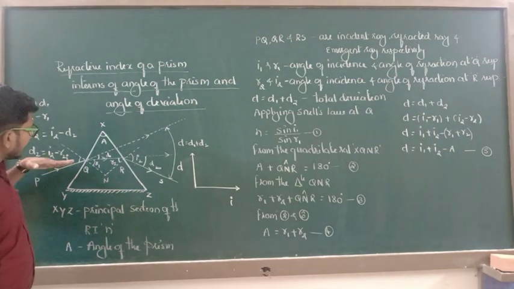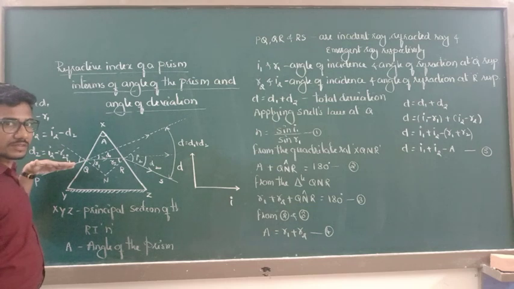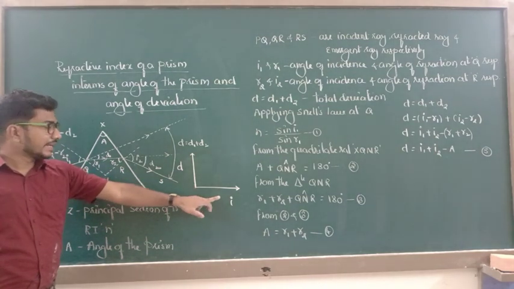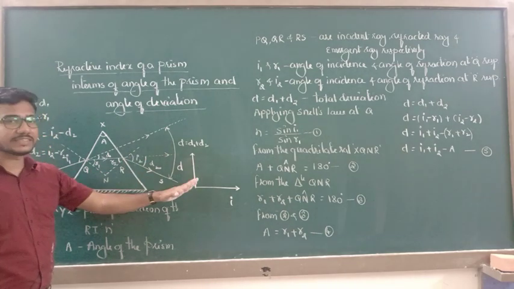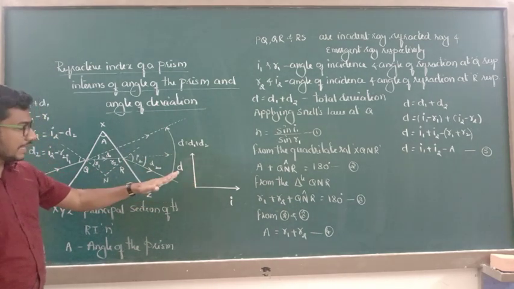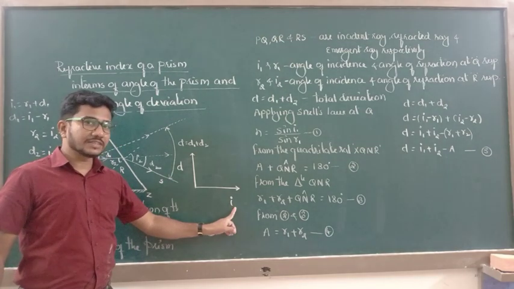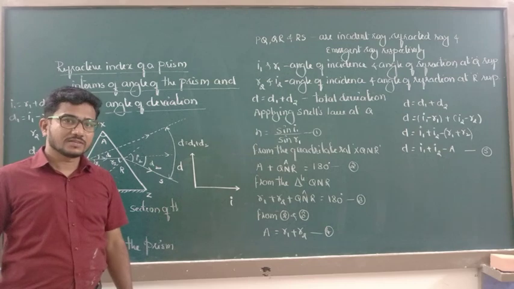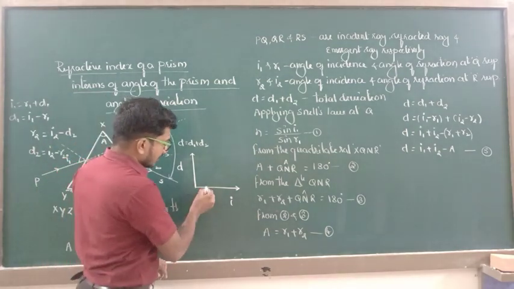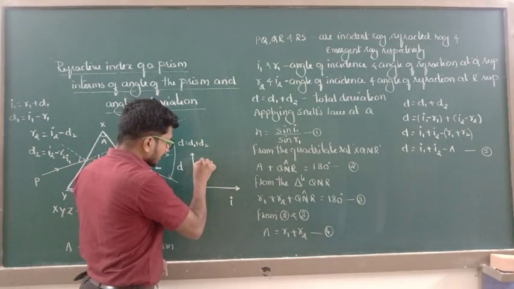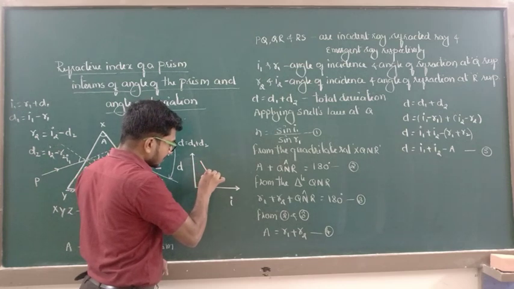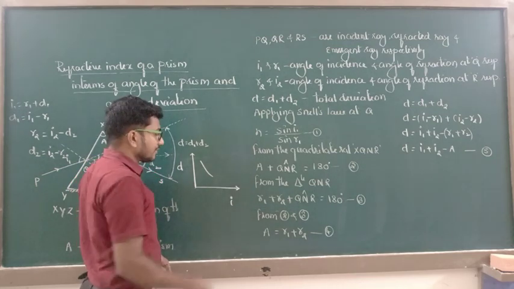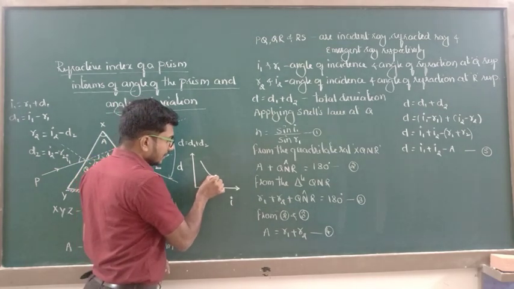If you are going to increase the angle of incidence, at first the angle of deviation decreases. Again when we increase the angle of incidence, the angle of deviation also increases, and hence we will get the graph like this.